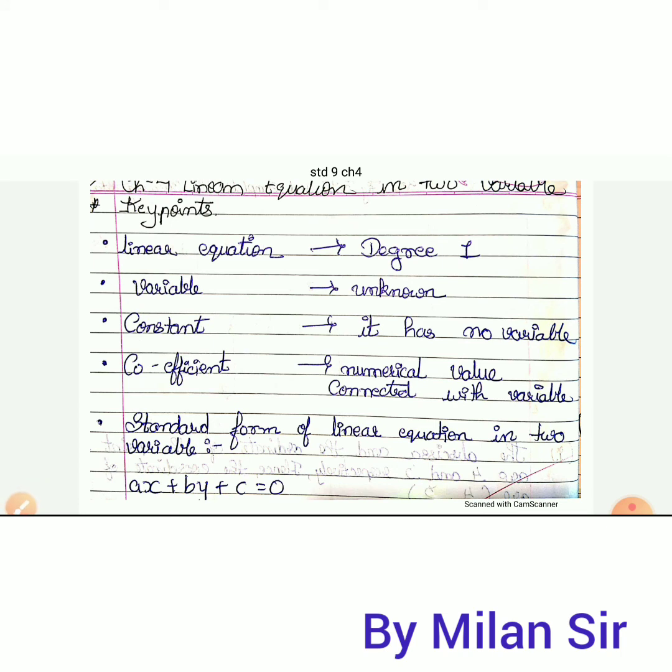Now if we plot these solutions on graph paper, if we draw a graph with x and y axes, taking variable x on the x axis and variable y on the y axis.